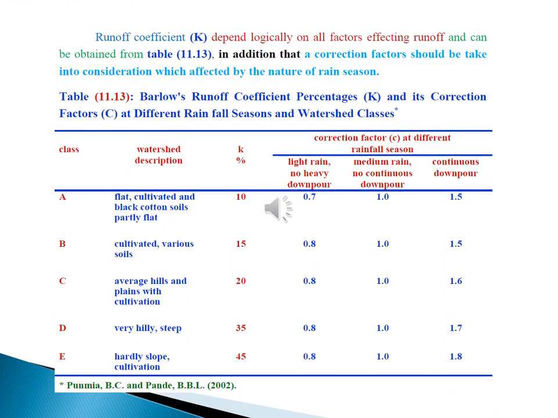Look, my dear, the runoff coefficient depends logically on all factors affecting runoff and can be obtained from the enclosed table, which shows various runoff coefficient percentages and their correction factors at different rainfall seasons and watershed classes.